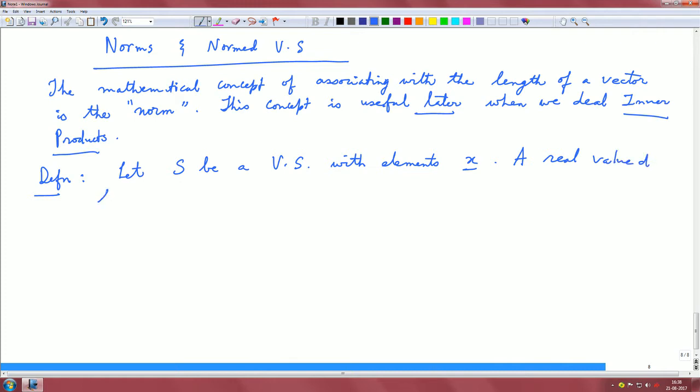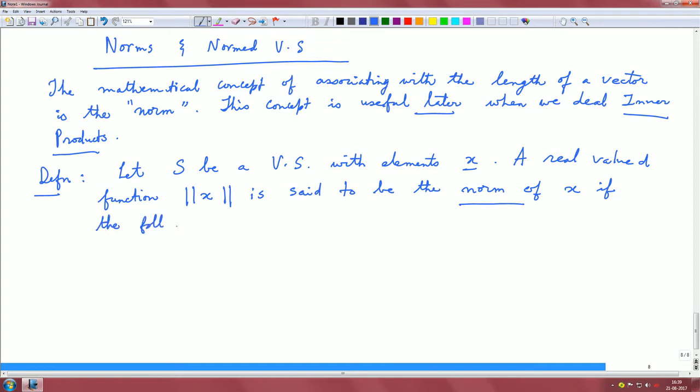A real valued function denoted within these double bars is said to be the norm of x if the following conditions hold.